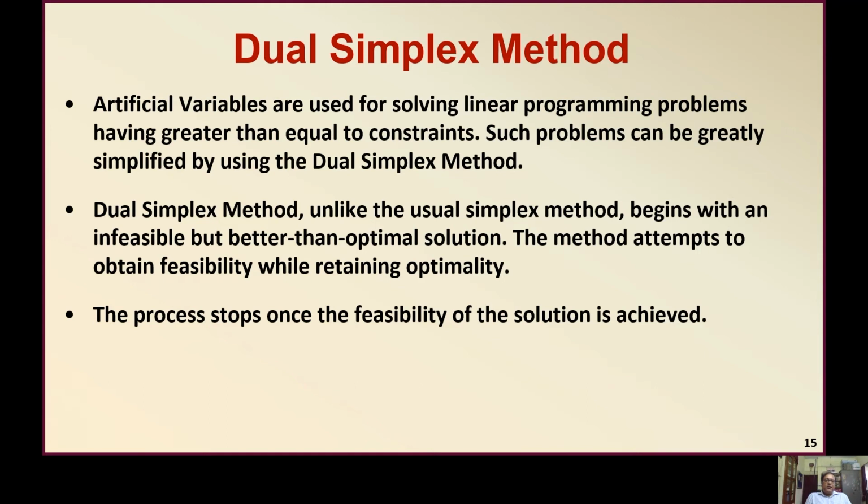But the dual simplex method starts with some of the basic variable values negative, which is an infeasible point. So starting from that infeasible point, it goes through the operations and tries to find out how exactly you can solve those problems.